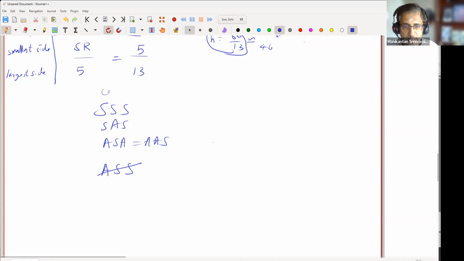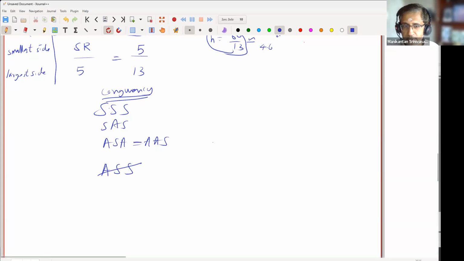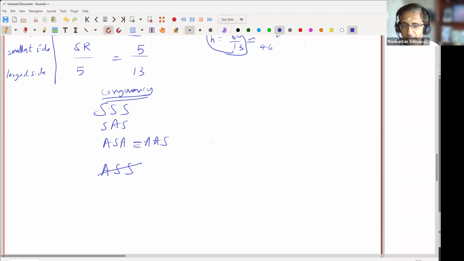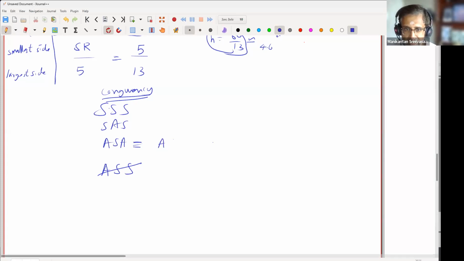Okay, so the congruency tests are these few: SSS, SAS, ASA, which is equivalent to AAS. If two angles are given, the third angle is already given, because the third angle is inferred. So I'll say this is ASA, and the third angle is also given effectively, so it becomes the same as AAS.